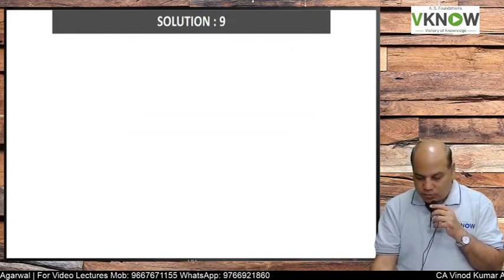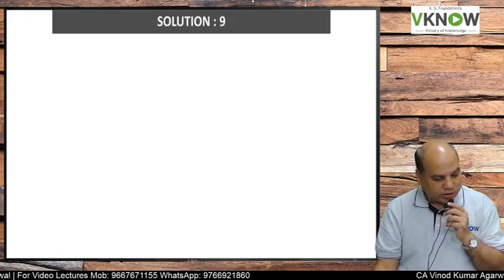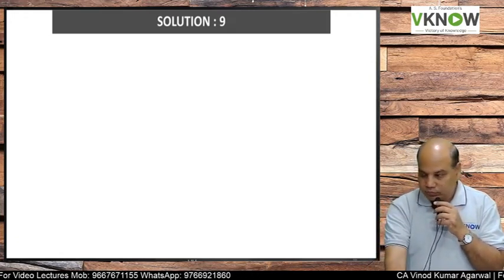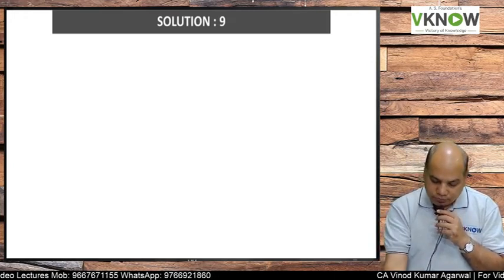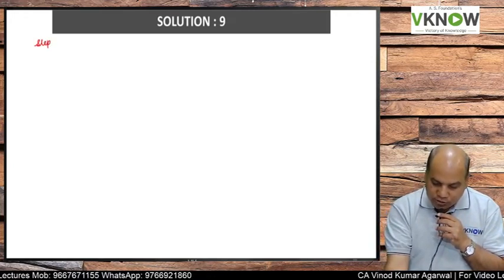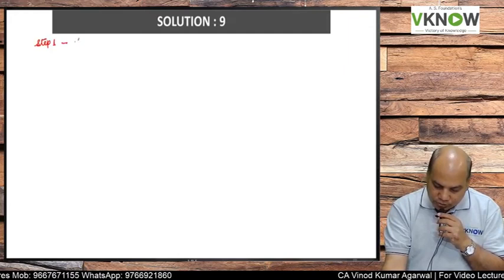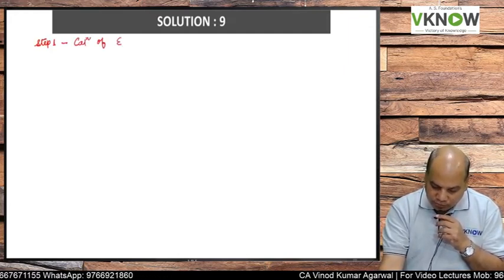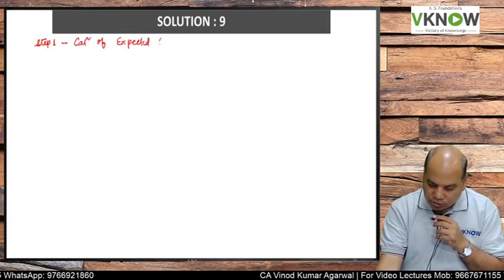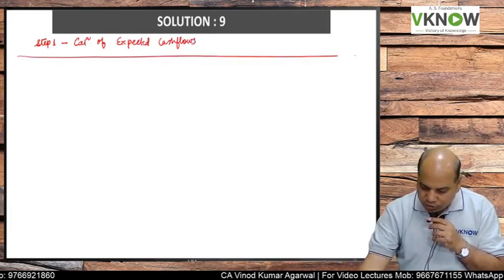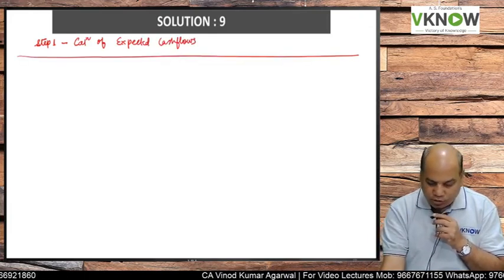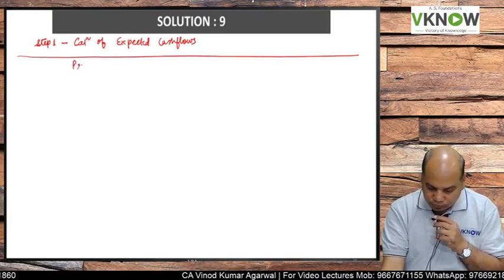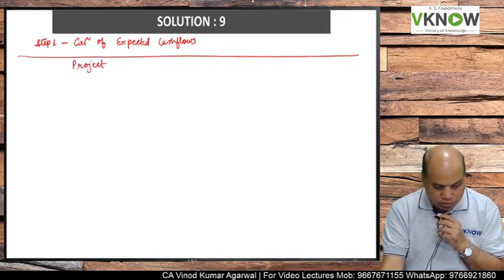First we will write down step 1, calculation of expected cash flows. Go according to the question. Write in a step-by-step manner. This question is also in the study material and exam. We will draw a table with a total of 6 columns.